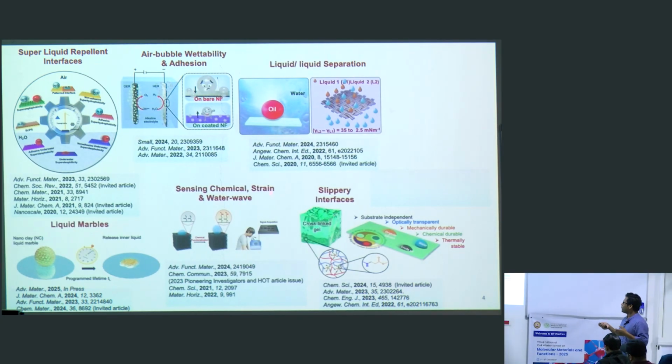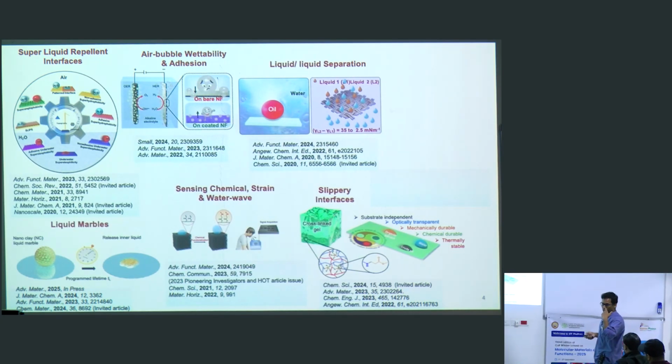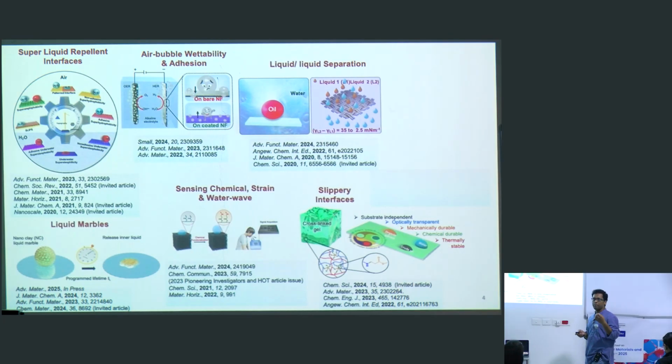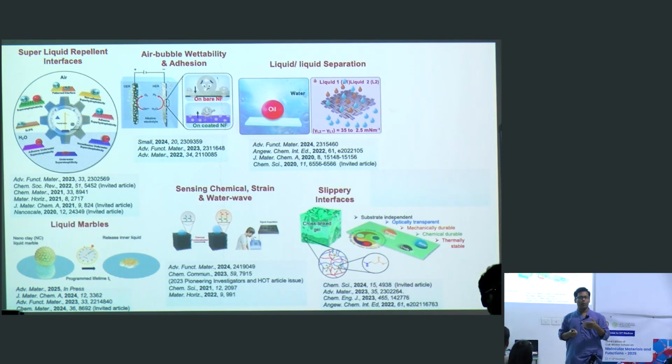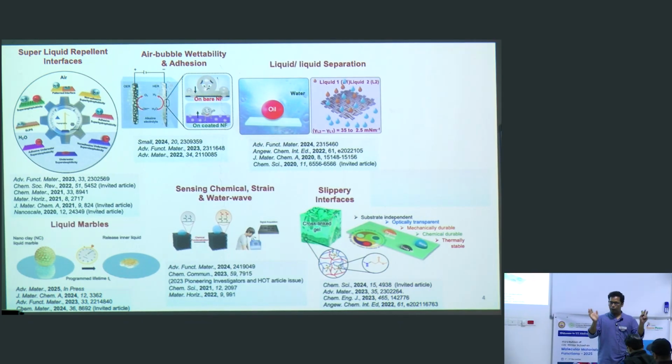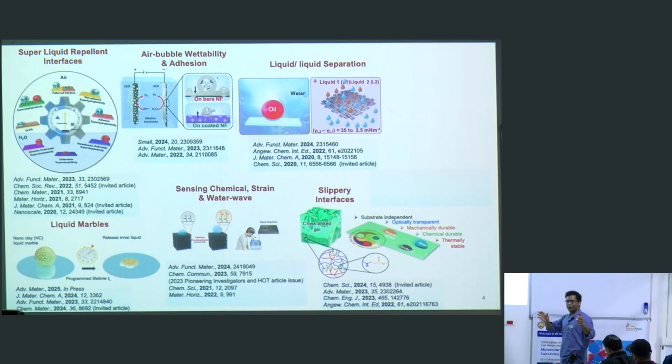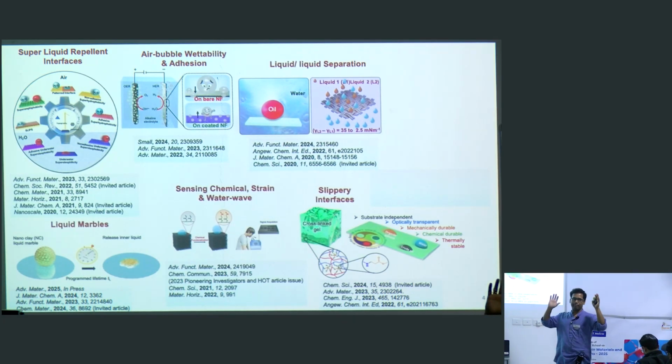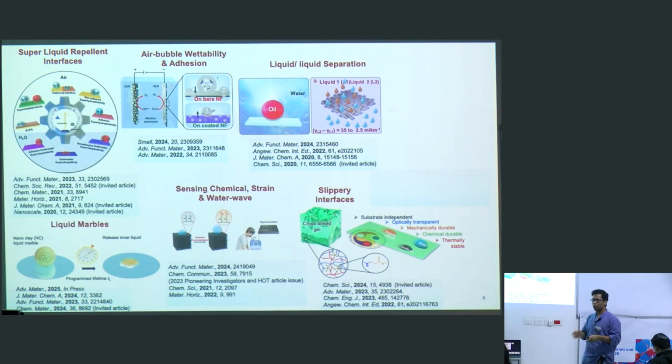Now, another interesting topic is slippery interfaces. When I started with liquid wettability, I said homogeneous liquid wettability, and people often think that homogeneous liquid wettability is not good. It's just the heterogeneous liquid wettability that is good for many functional wettability, but that's not true.